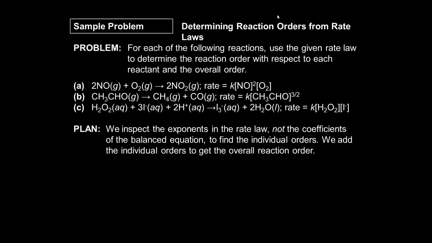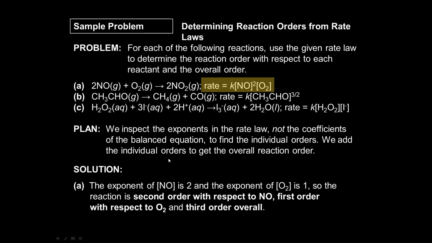And so we can take just the first one here and say, all right, we've got this rate. We've got k, some constant based on temperature, times the concentration of nitrogen monoxide squared, and times the concentration of oxygen. So when we're looking at that, our idea is we look at the exponents to find the individual orders, and we add them together.